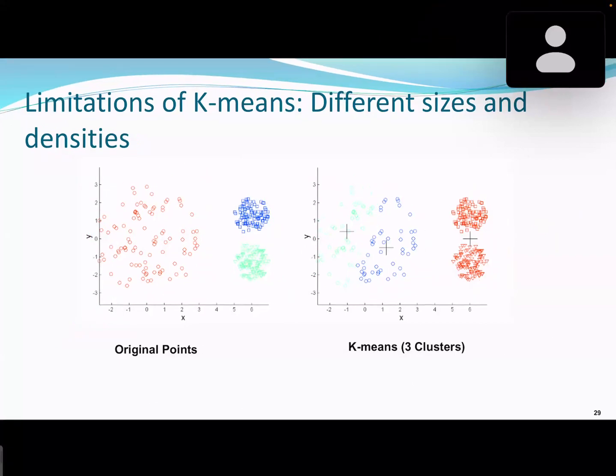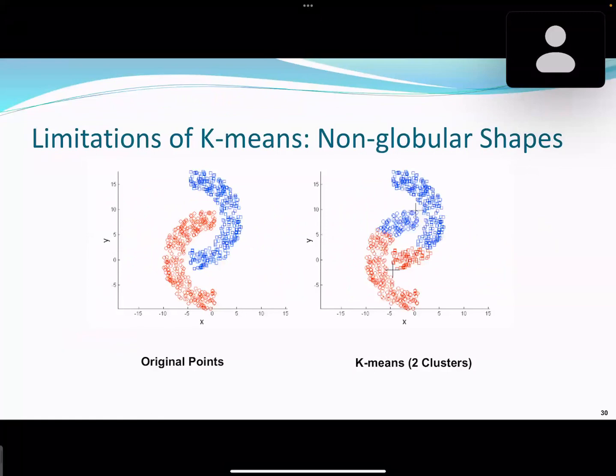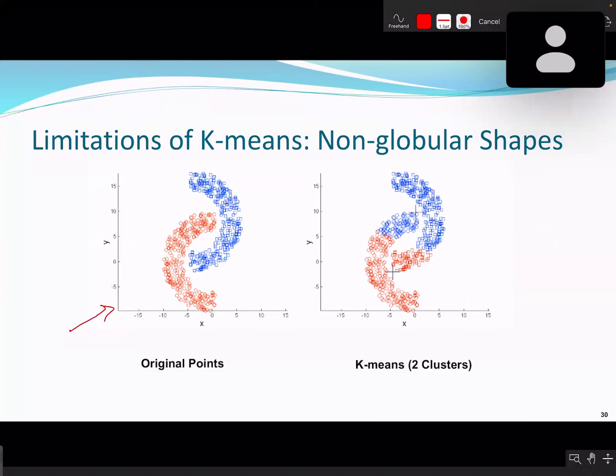Here's another illustration showing the limitations of k-means. Again, we have a number of points that we want to group into clusters. Visually, we think that the blue objects and the red objects should be grouped into two clusters. However, we notice that k-means is a distance-based clustering algorithm because each point is assigned to the closest centroid.